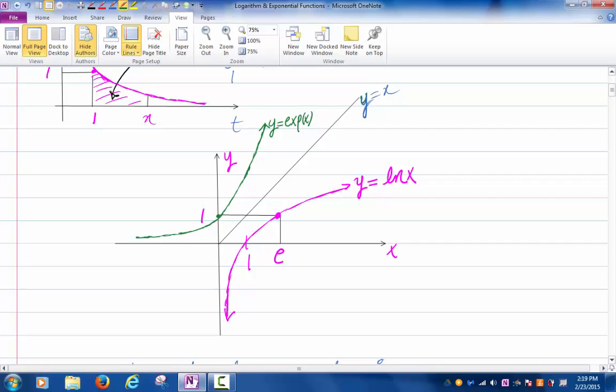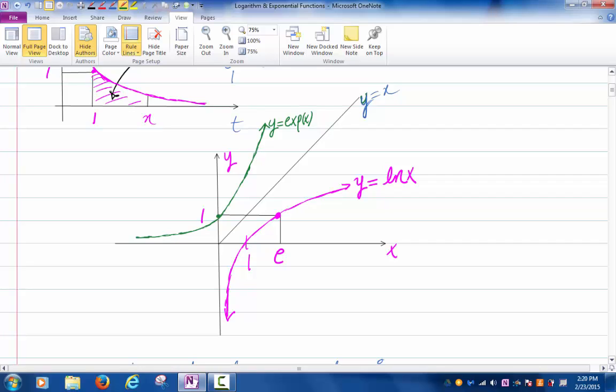It goes to infinity as x goes to infinity, and to negative infinity as x goes to 0 from the right. We know the graph, which is the pink one in my picture.